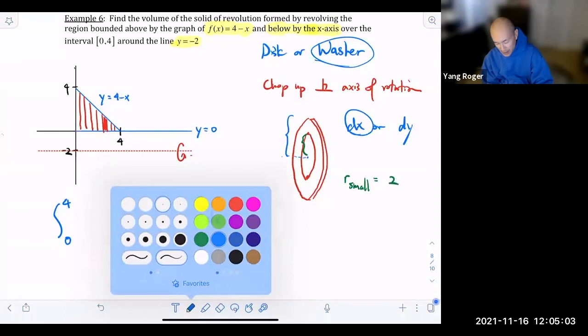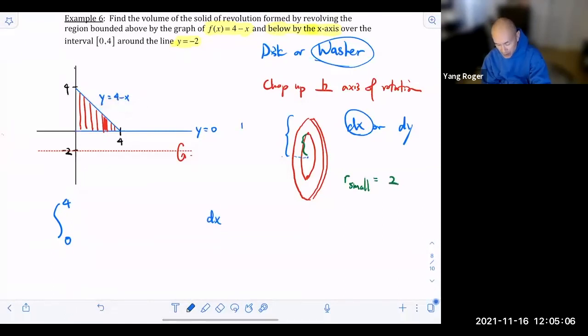What about R big? What do you think R big is equal to? Any guesses? I'll give you a hint. It's not just 4 minus x. If it was 4, then your line would be right here, because the distance from there to -2 is 4. So if it's a constant, it'd be like a circular cylinder, but it's not that. It's this downward sloping thing. If it was 6, again, this would be a horizontal line, and this whole distance here would be 6.